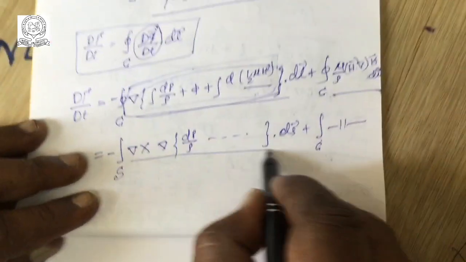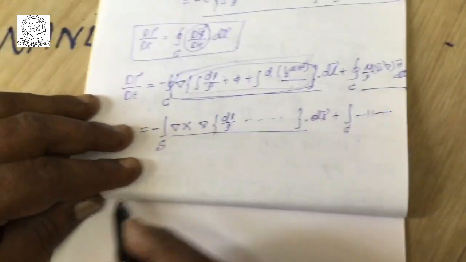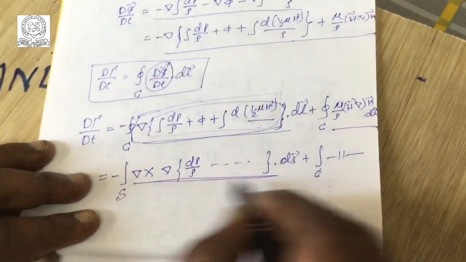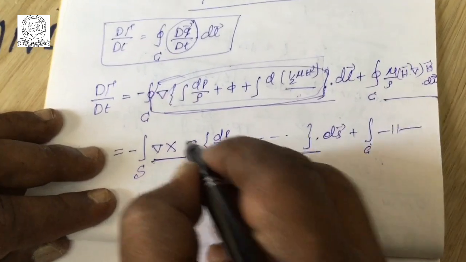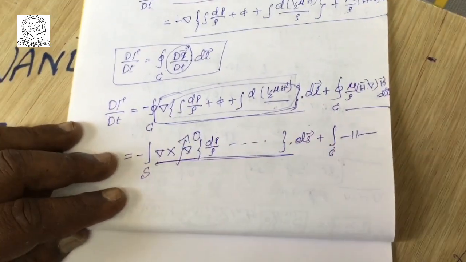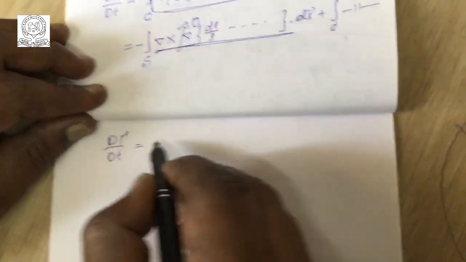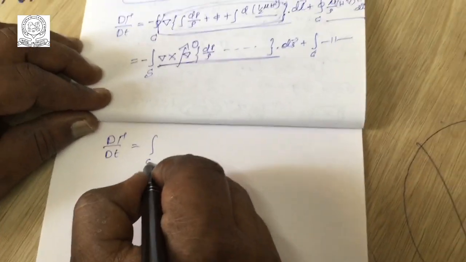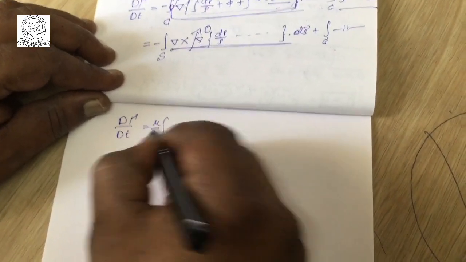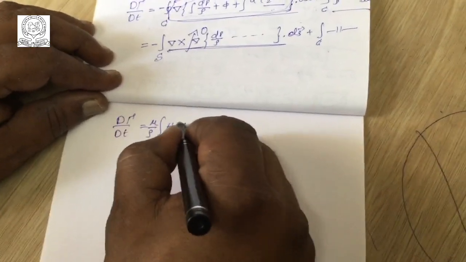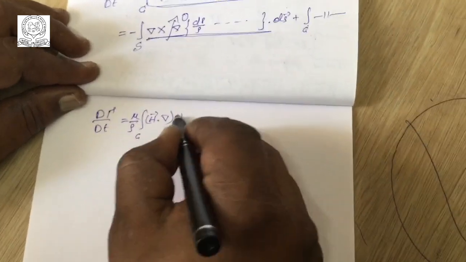Now curl of gradient, from the vector identities you know, becomes 0. That's why your d gamma by dt becomes the line integral over C of mu by rho, take it outside, of h dot del of h.